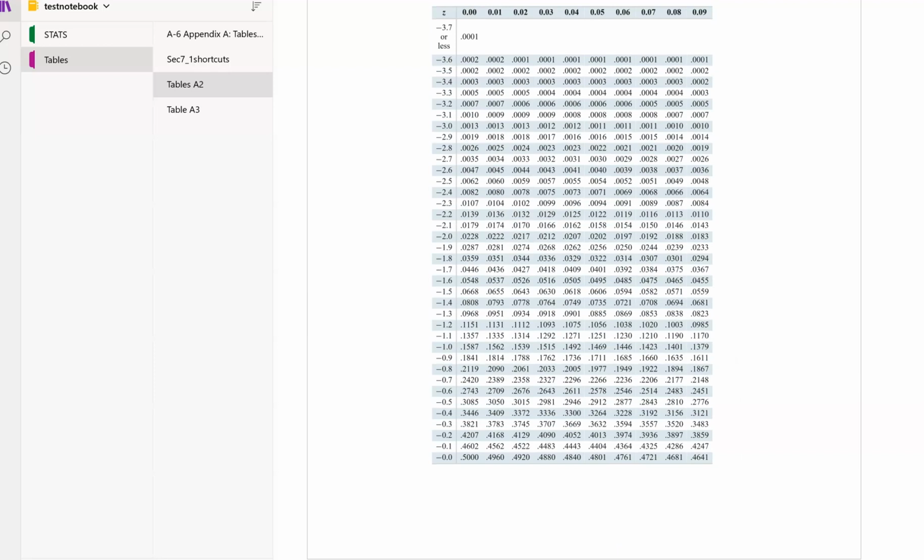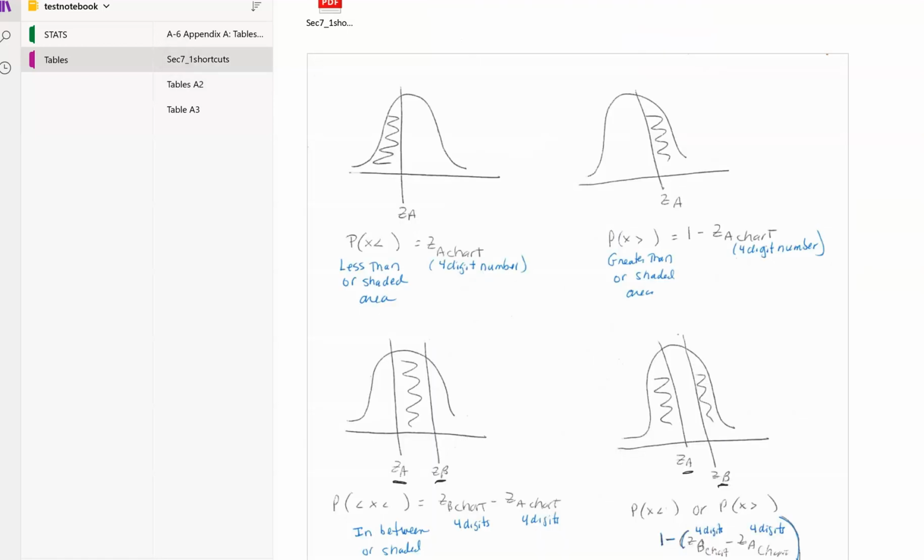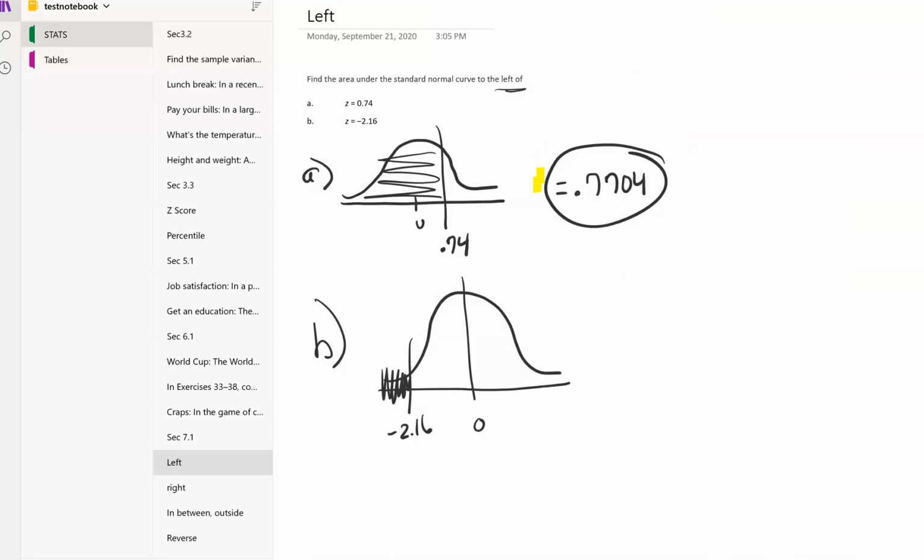Negative 2.1 is here, the 6 is here. So it's 0.0154. So that's my answer, 0.0154.